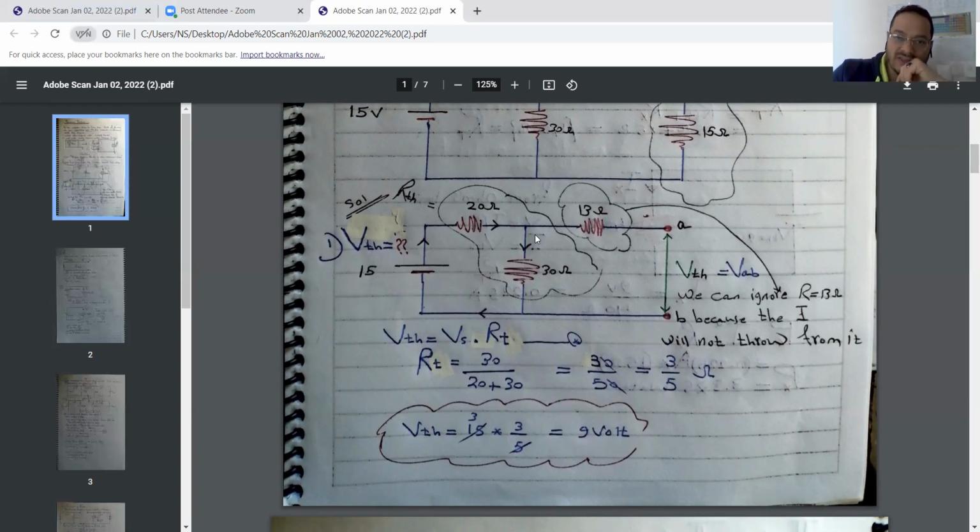To calculate VC here, it equals Vs dot 20 ohm divided by 20 ohm plus 30 ohm, which is 20 divided by 50 dot 15, so the final value of VC equals 10 volts.